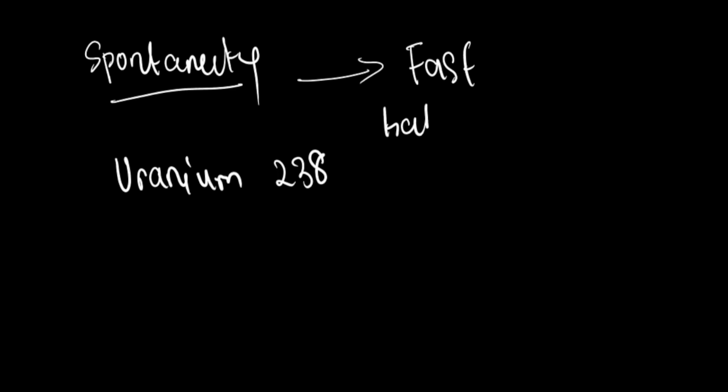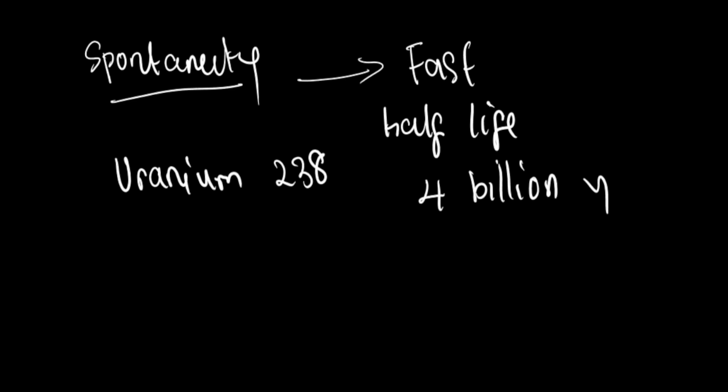However, the half-life of this radioactive decay is about 4 billion years. So we can see that although this reaction is indeed a spontaneous reaction, it's not necessarily a fast reaction because the half-life of the reaction is about 4 billion years. Okay, so spontaneity is not necessarily an indication of the speed of a reaction. It's very important for us to take note of that.